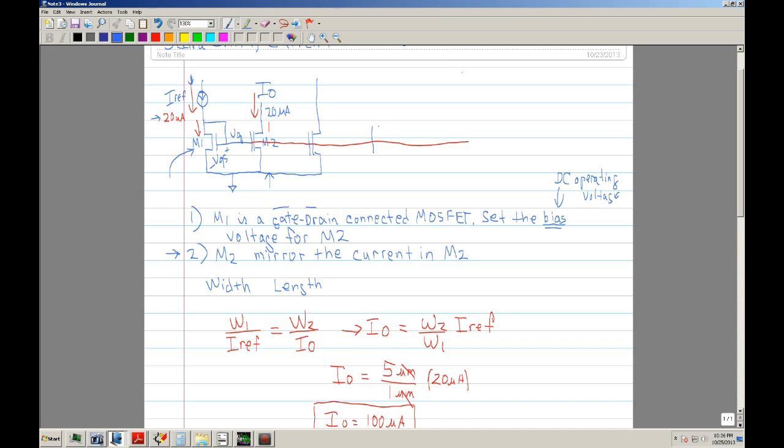You can put a whole series of MOSFETs here, and let's say this one is 10 microns.